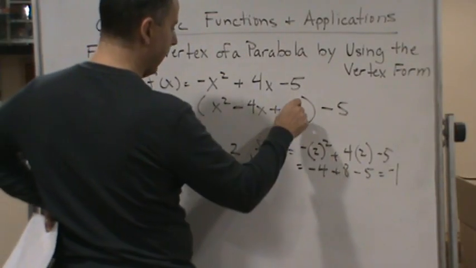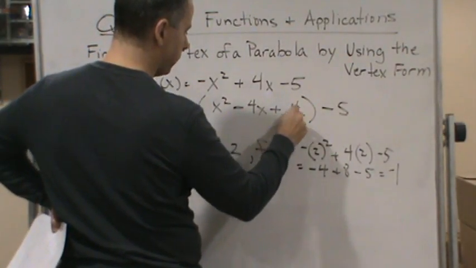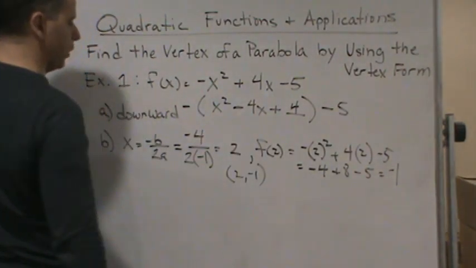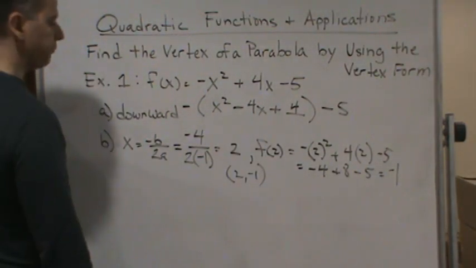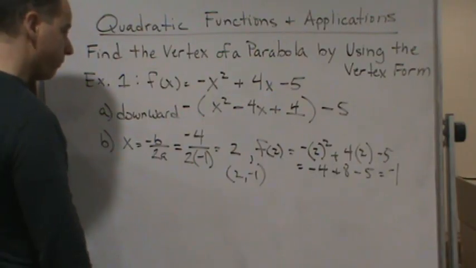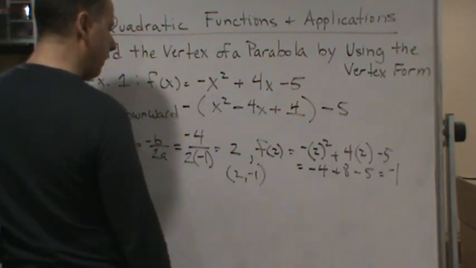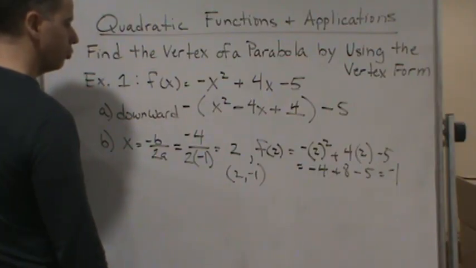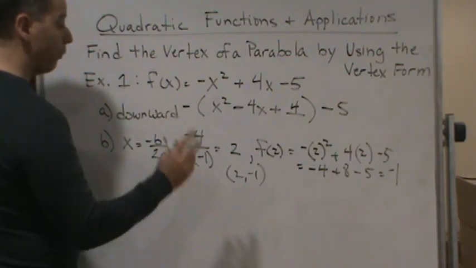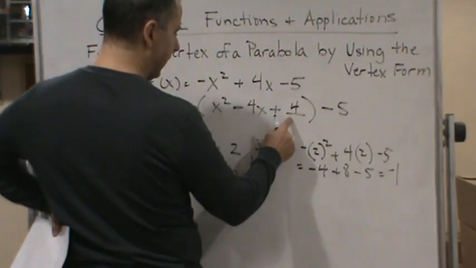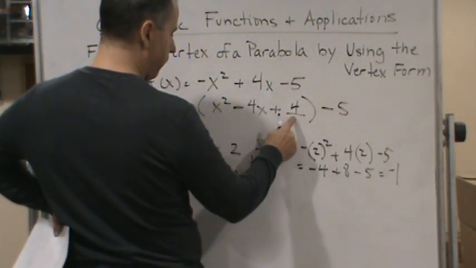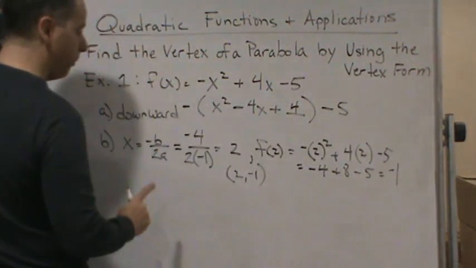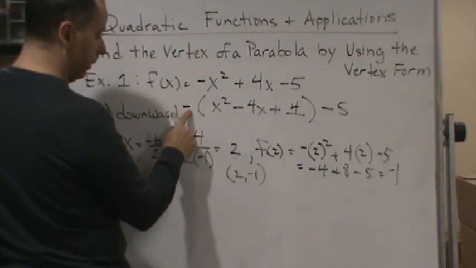We square it, and look at that, we get 4. So remember, it's always going to be positive because we're always going to be squaring this term. Now remember, whatever I add here, I have to add or subtract out here. But remember, I have a negative here.